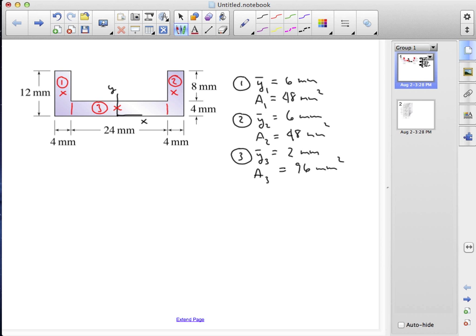The centroid for the whole object, then, is just the area-weighted average of the centroids of the constituents. So we could write it this way.